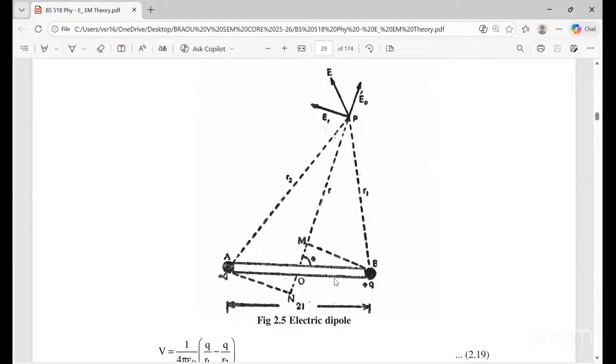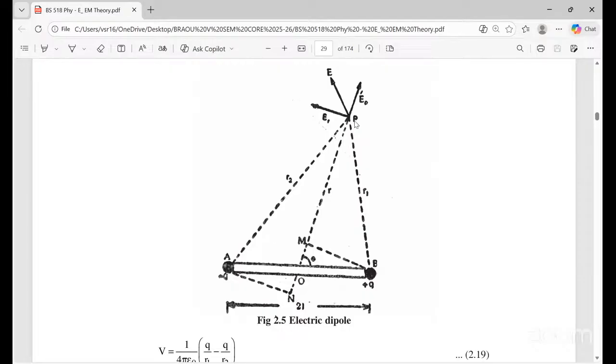Due to this electric dipole, if you want to calculate the electric field value at a point, the point is denoted P. At point B there is a positive charge, at point A there is a negative charge, separated by a 2L distance.